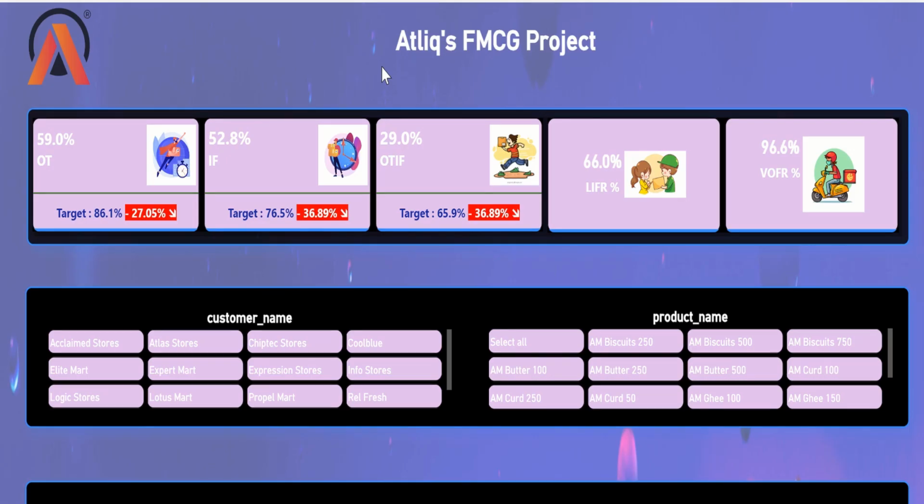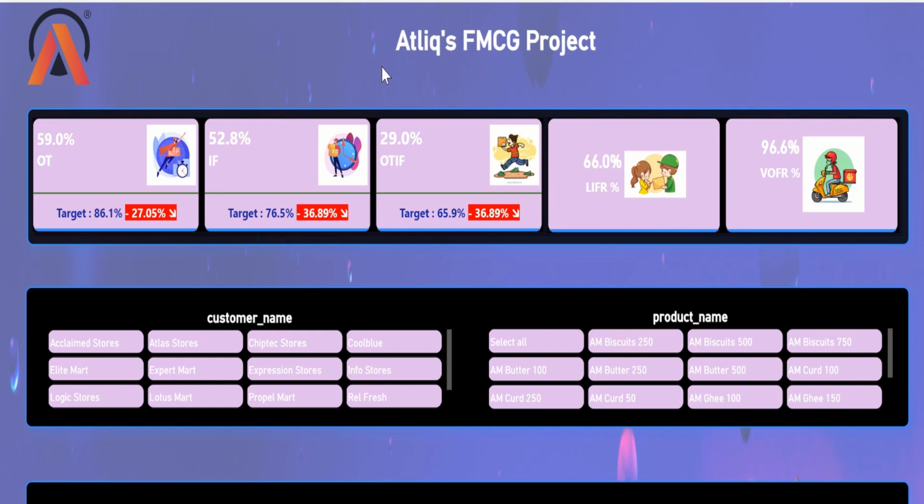Hi, so this is my dashboard. Here you can see the logo of the company, the title of the dashboard, and after that you can see 5 different cards that represent 5 different measures, which are OT, IF, OTIF, LIFR, and VFR.